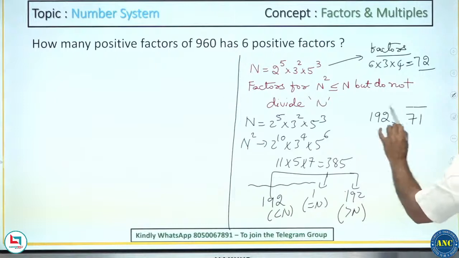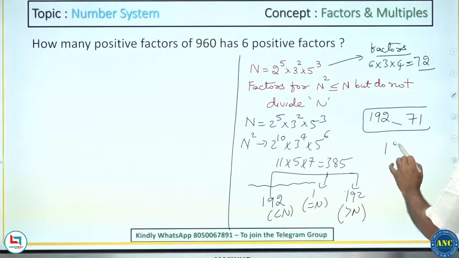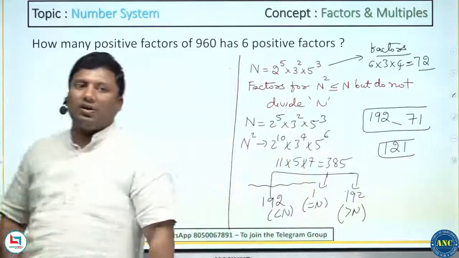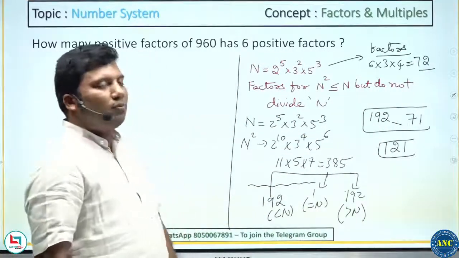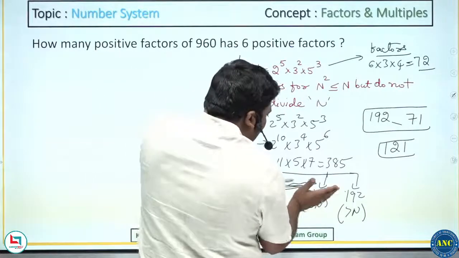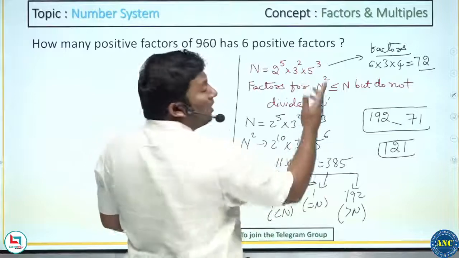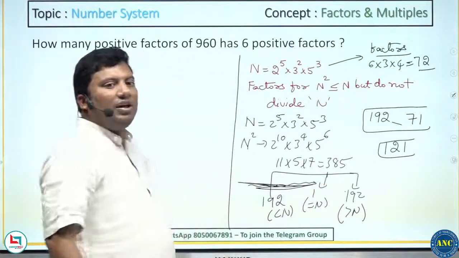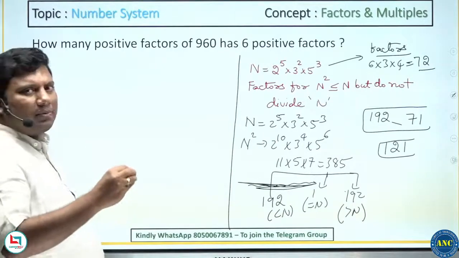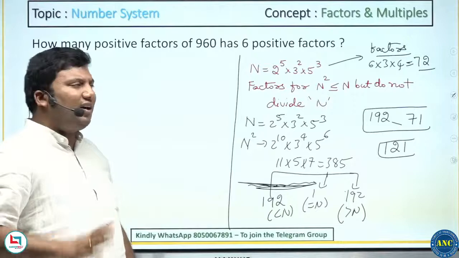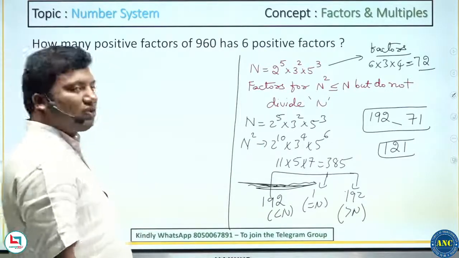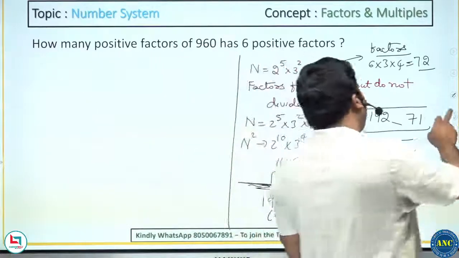Less than n, the number itself we have to omit. So it is 192 minus 71, which is 121. Very easy if you understand that. We require the factors less than n. Once you understand the concept, you can solve this problem very easily by understanding the definition of a perfect square.